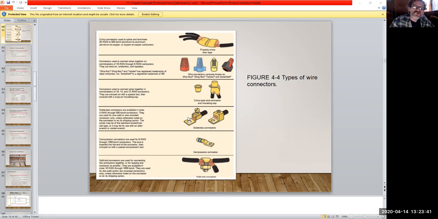Now, this very last one, I'm not a big fan of these. These are weird. You are allowed to do this. Let's say you're trying to bring in another circuit in the middle of a line somewhere that originally didn't call for it. What you would do is go back to that original wire and strip so much of it so you have it exposed in the middle, then bring in your new wire and lock it down with this.